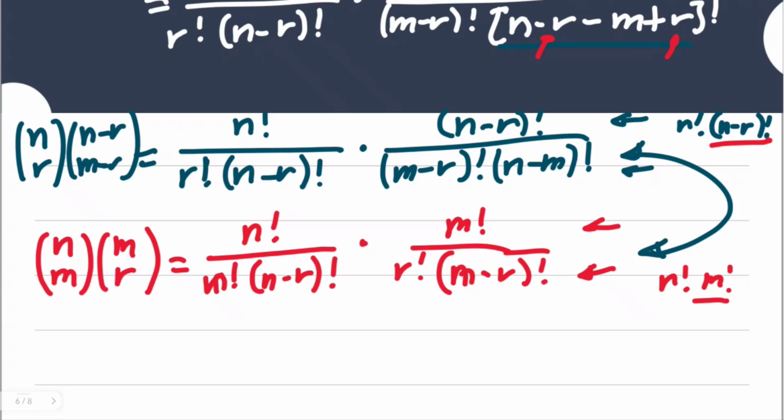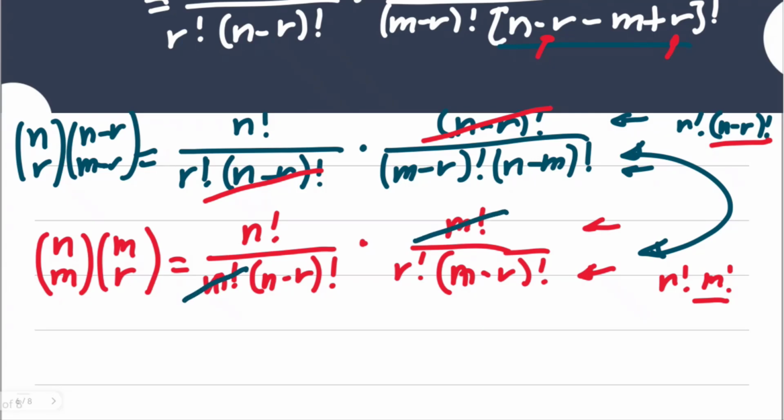So how can we show that these two sides are equivalent? Now, this is where we're going to return to the cancellation. Supposedly, if you're proving an identity, you just need to simplify one side and make sure that it returns to the other side, or vice versa. Here, we will be introducing the cancellation, which is still mathematically sound, because you will have n minus r factorial for the blue, and for the red one, m factorial.